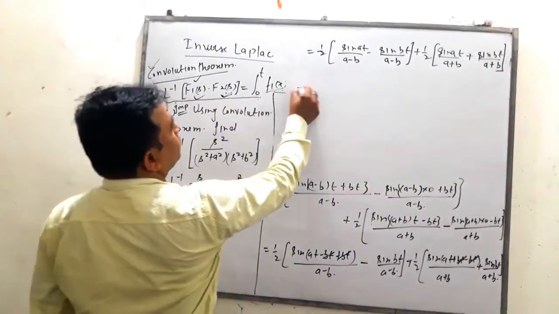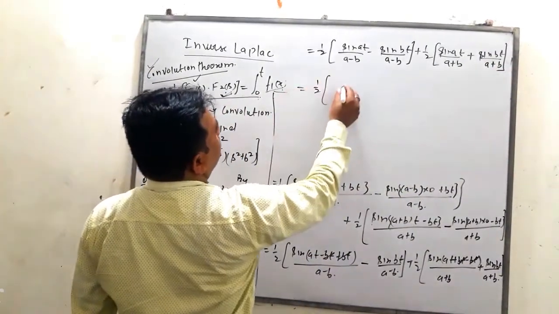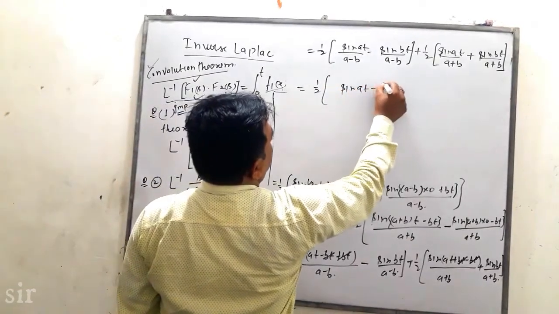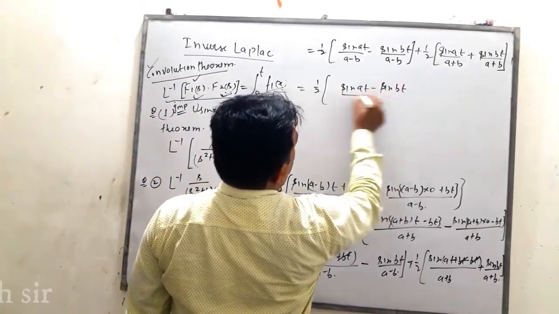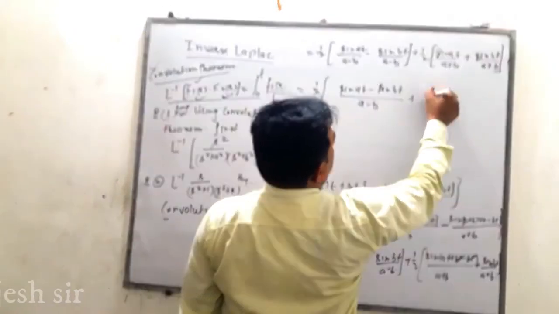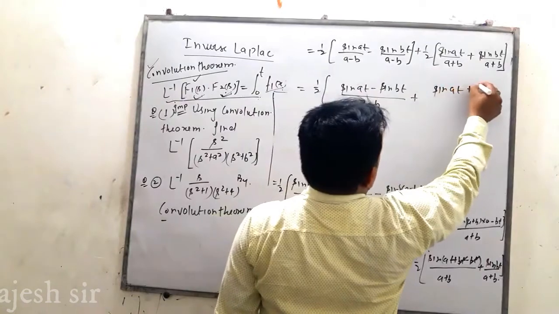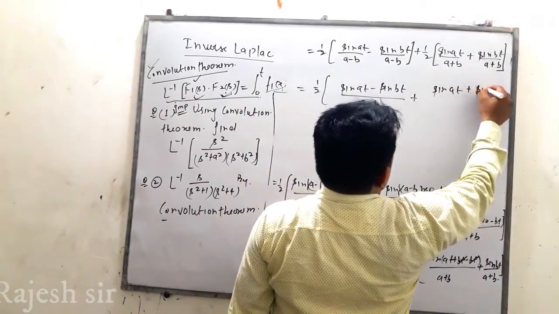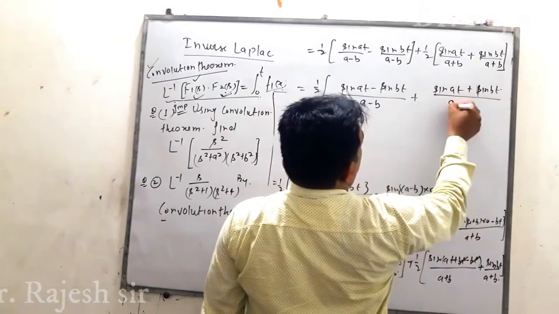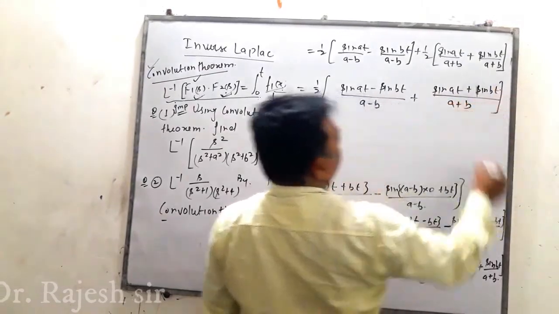Now sort out this question: 1 by 2 sin at minus sin bt upon a minus b plus sin at and sin bt upon a plus b.